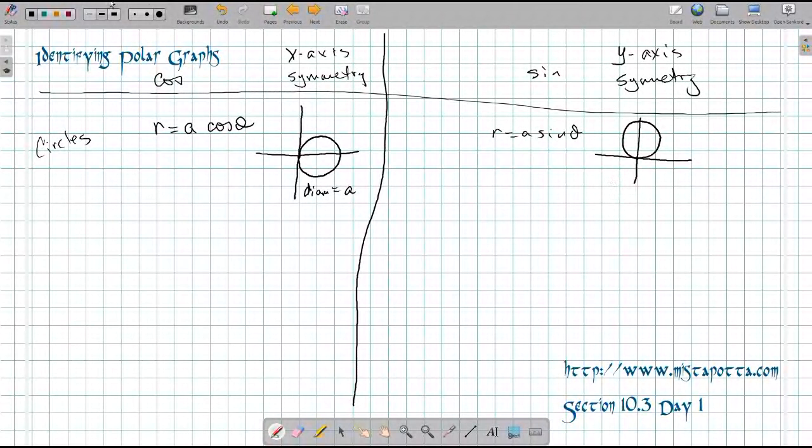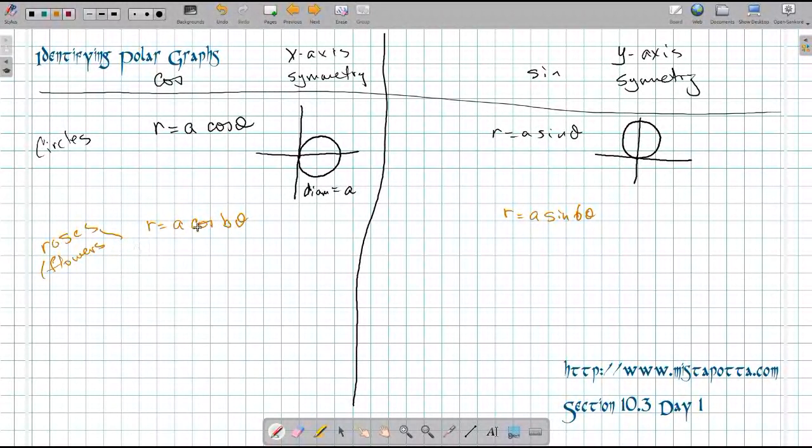But we have some other graphs as well. We have the graphs where we're dealing with r equals a times the cosine of b theta, or r equals a times the sine of b theta. And these are our roses, or our flowers, and they have some special behavior.